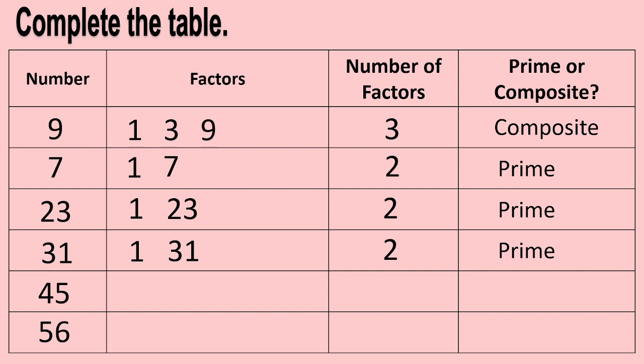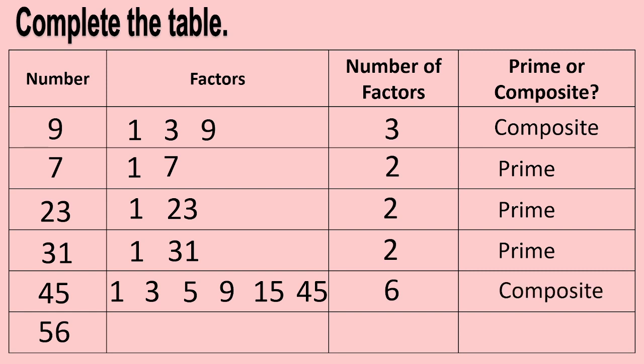Next, 45. Factors of 45, 1, 3, 5, 9, 15, and 45. Number of factors, we have 6. Prime or composite? Composite. Next, 56.